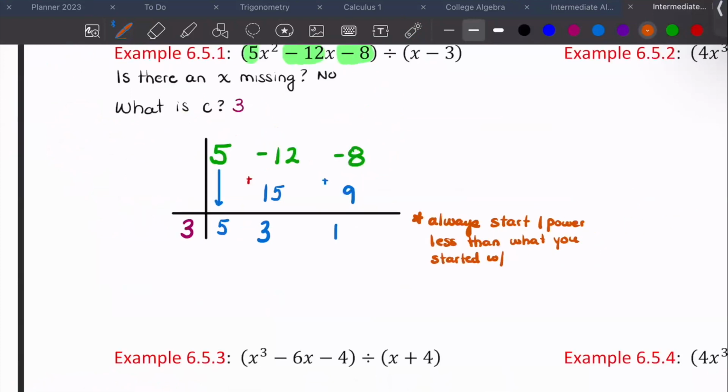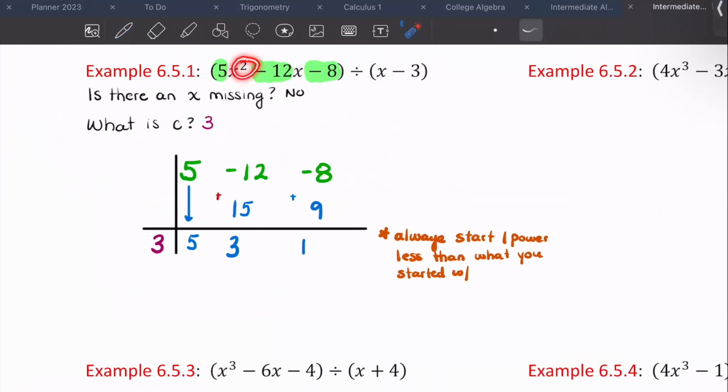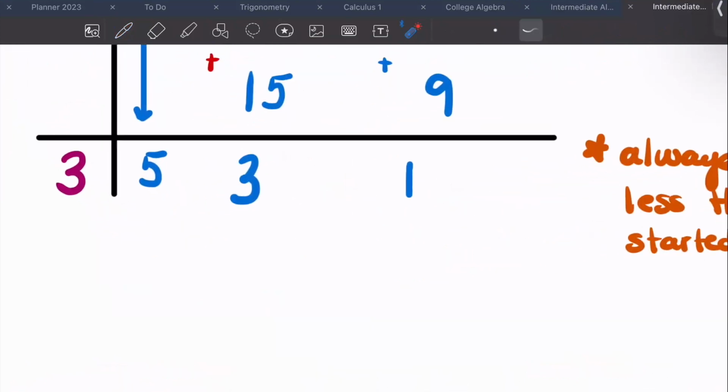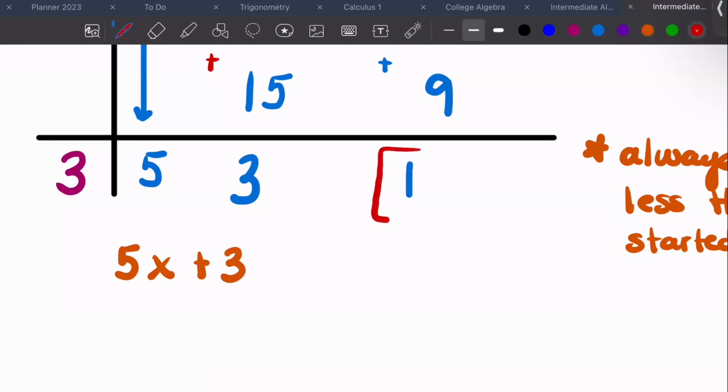Okay, so we started with x squared. That means we're going to start with 5x. Then you'll just go down. Plus 3. Your last guy is always your remainder.